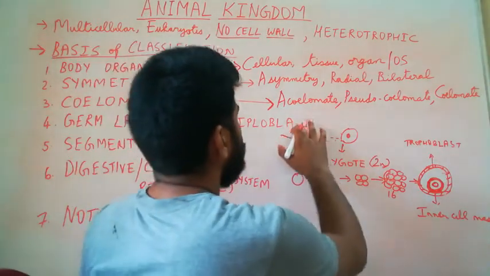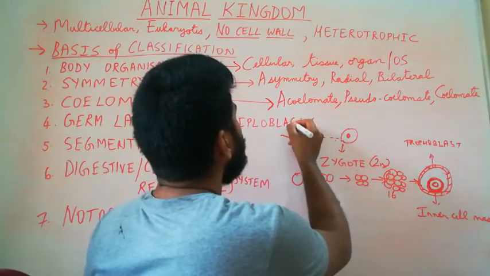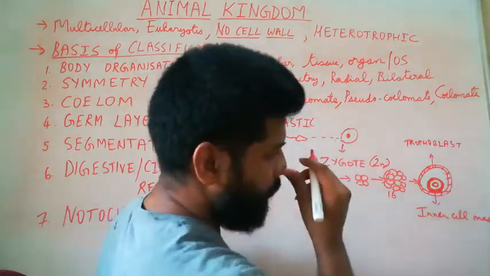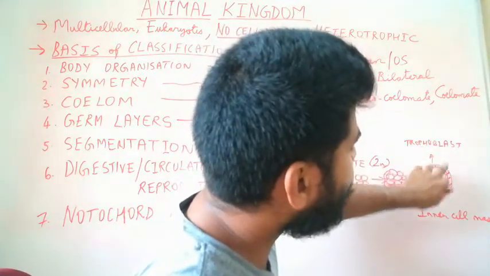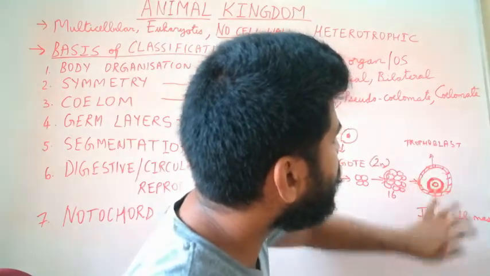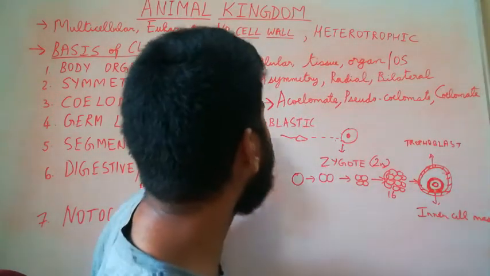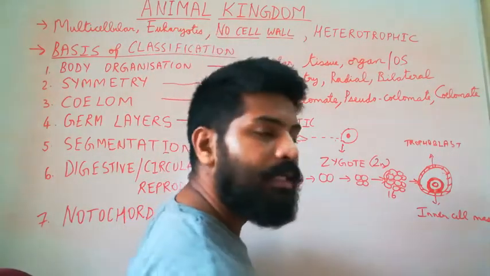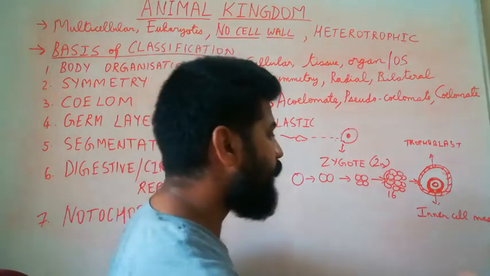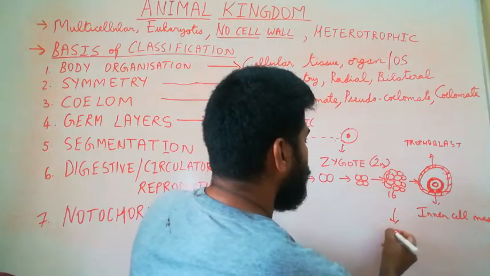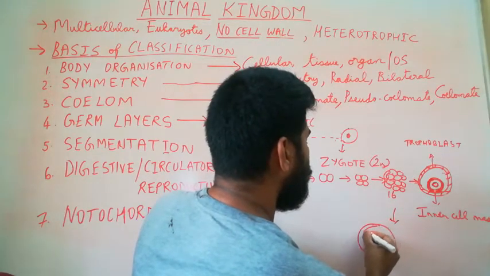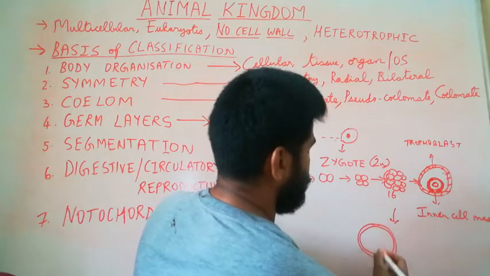Diploblast: when the blastocyst is undergoing development, we find that the embryo has only two germinal layers, diplo. Whereas some other animals, as you can see in the diagram, have three layers.